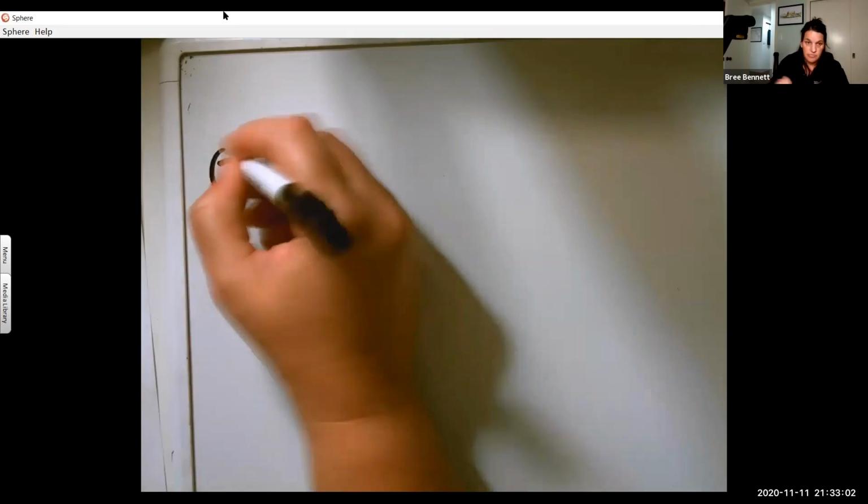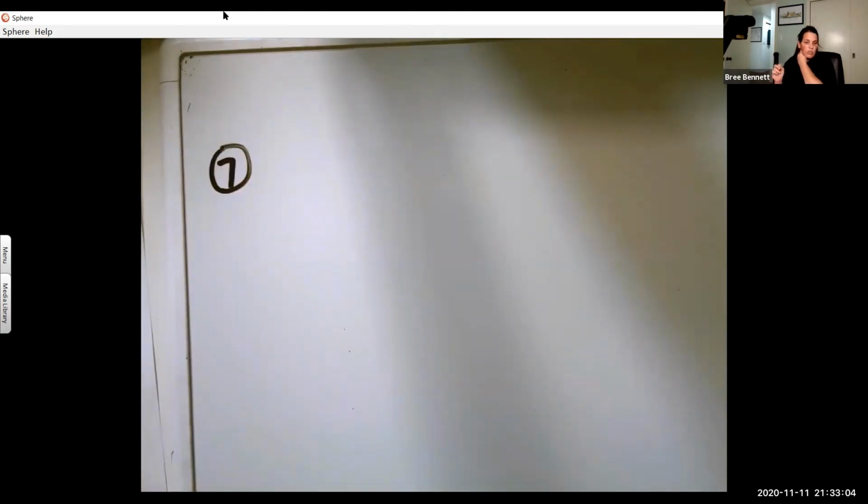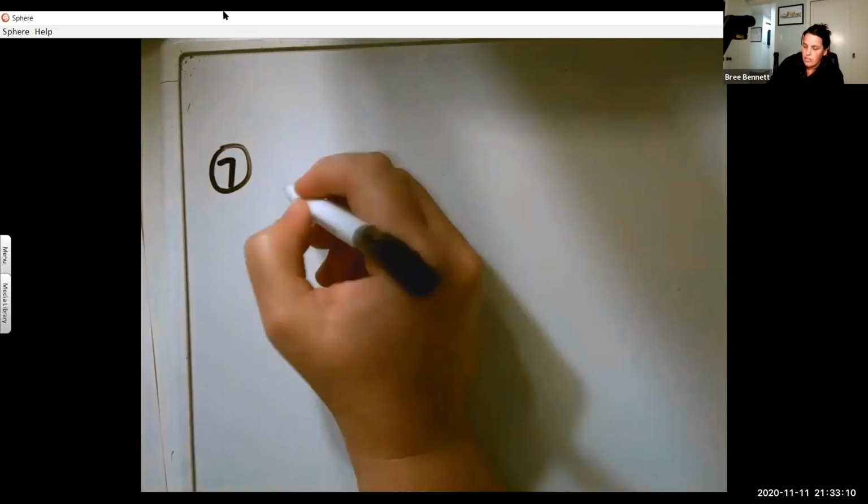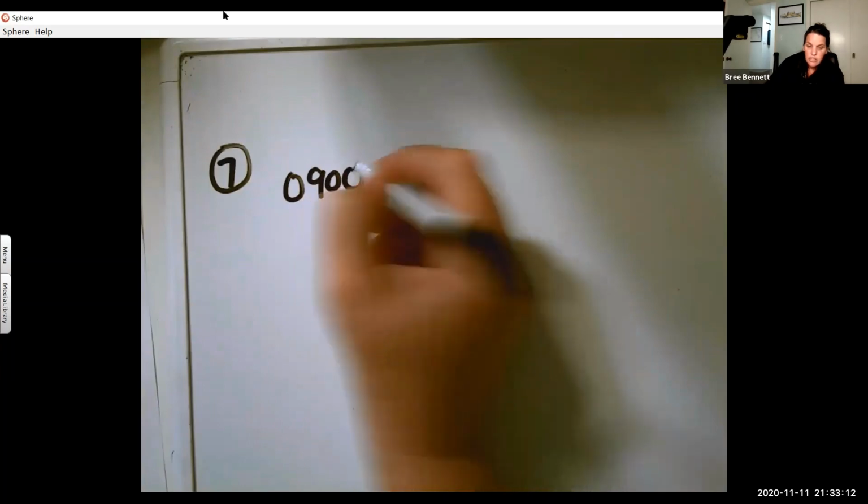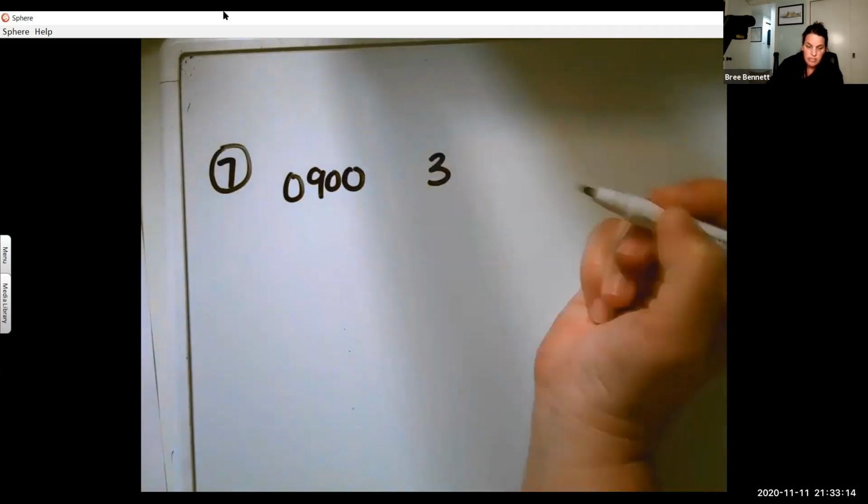Okay, so here it is. Our tide calculations, number 7, using the rule of 12s. It says, after looking up your tide information, you see that at 0900, you have a tide of 3 feet.